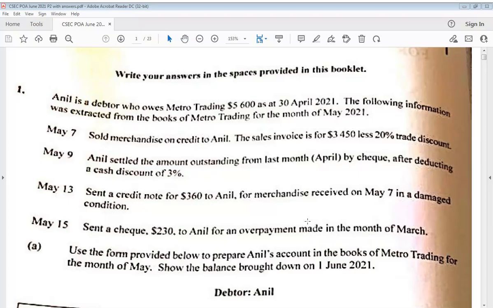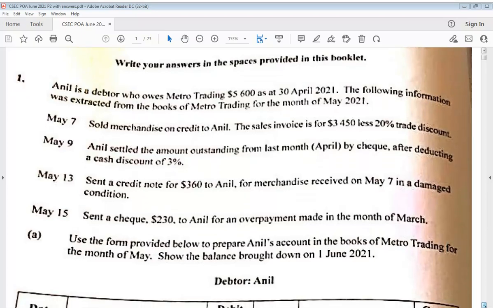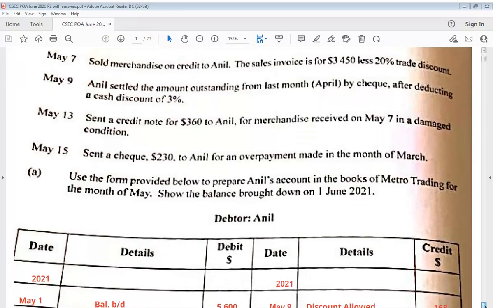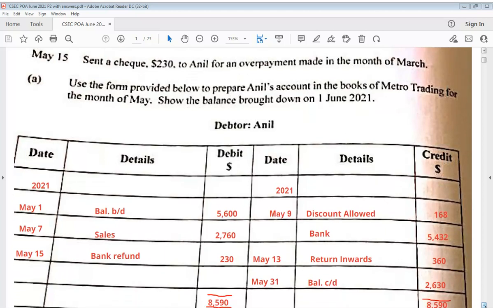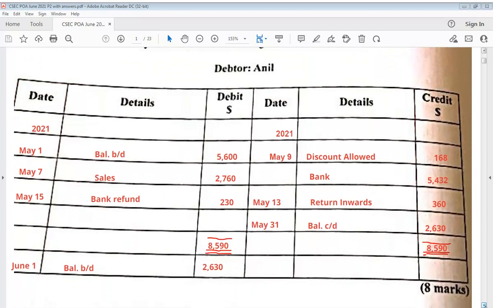So what we would do now, we would have to balance off the account. So let's see what Anil's debtors account should reflect, the information that we have just said. So here you have it. We would ensure that we add up our date 2021 and all that we said above, we simply put that in Anil's debtors account and balance off his account, which is 8,590.